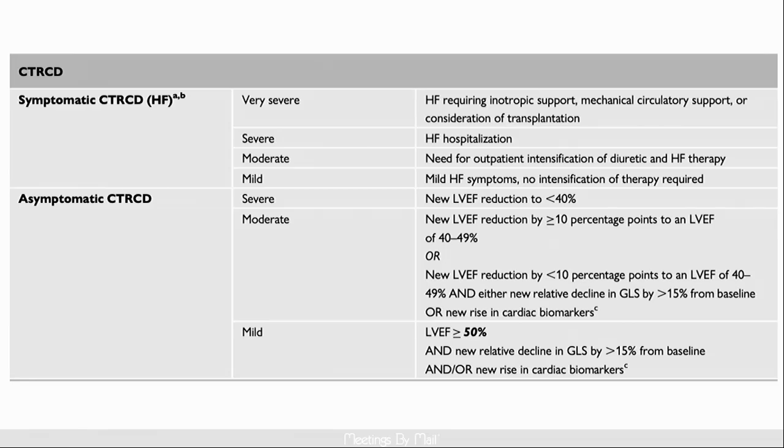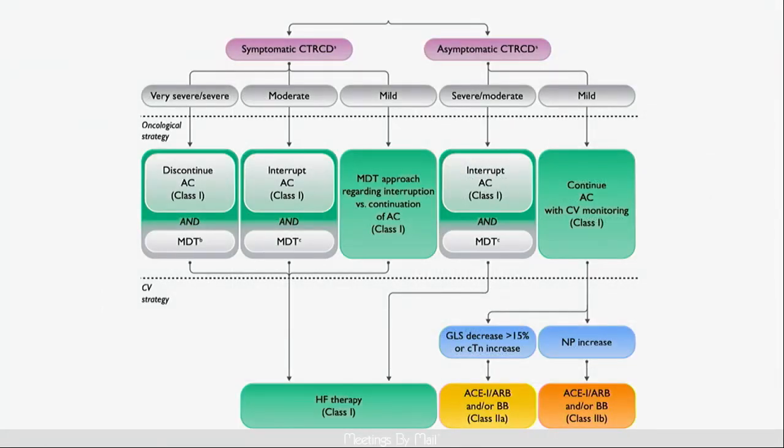But the whole idea is to look into, once you have cancer therapy-related cardiac dysfunction, how do you move forward? And you can have symptomatic heart failure or asymptomatic heart failure. And in the guidelines, if someone has symptomatic heart failure, you stop the medication. If it is asymptomatic, you can interrupt the medication only if there is a significant change.